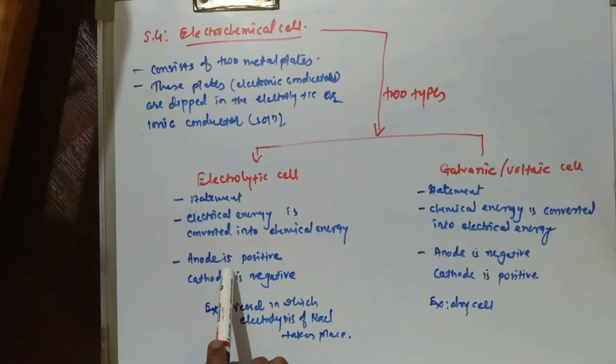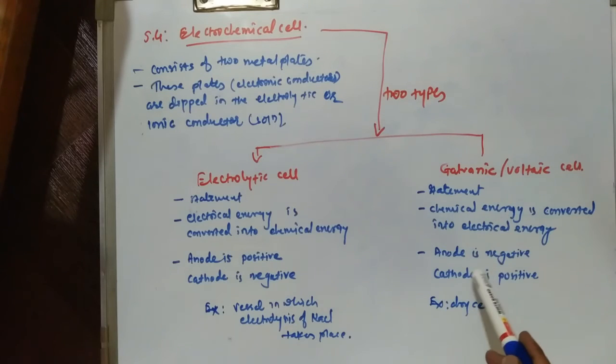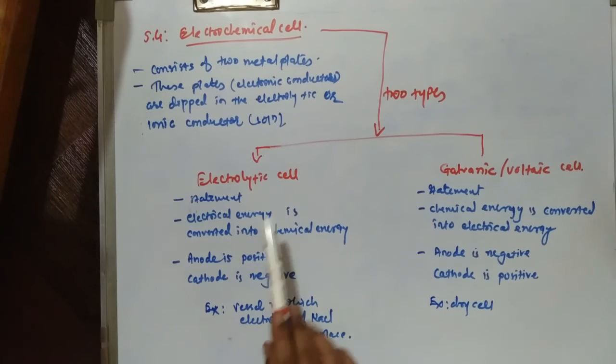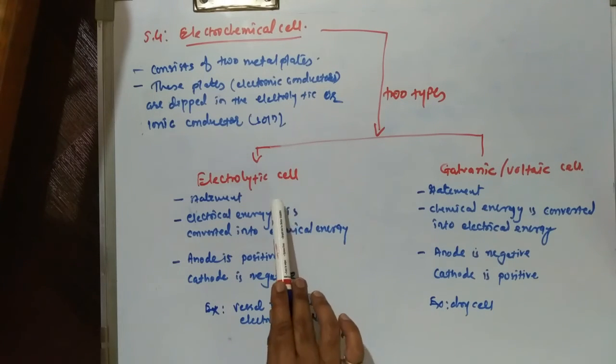Now in the electrolytic cell, the anode is positive and the cathode is negative, and in the galvanic cell, the anode is negative and the cathode is positive. Here the anode is positive. Why is the anode positive? At the anode the oxidation takes place. In the electrolytic cell, electrolysis takes place.